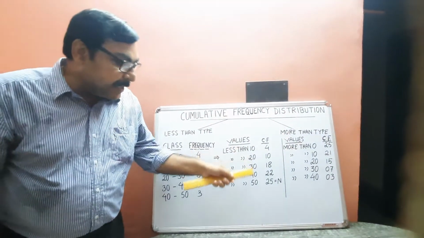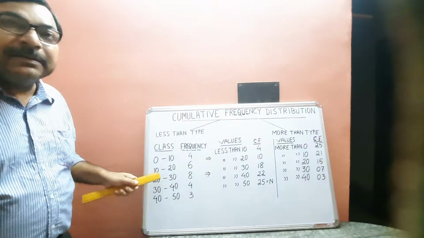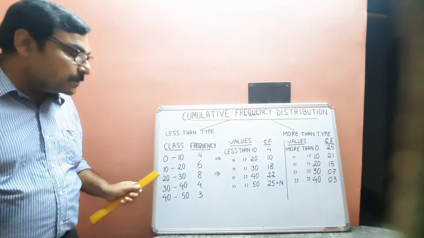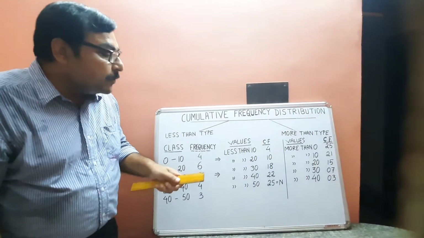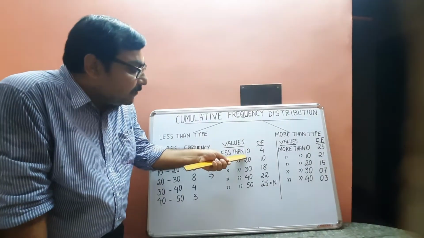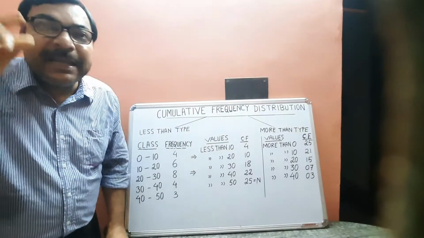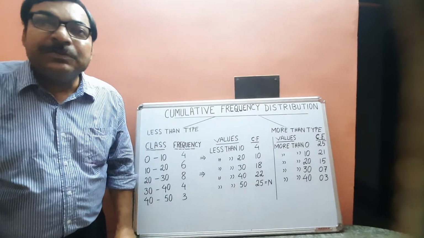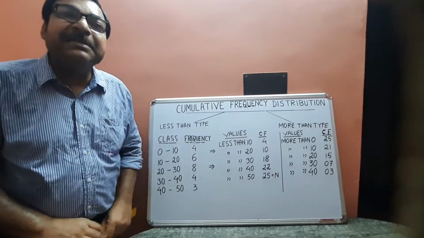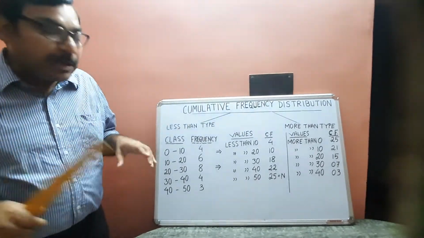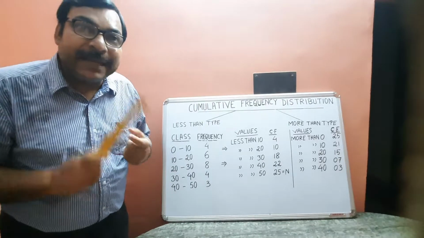If less than type frequency is given in this form and you are asked to calculate the simple frequency distribution, then first you will see what is the difference between the successive values: 10, 20, 30. 10 is the gap. So when you arrange them into classes, class size must be 10. This is clear. So you will arrange some classes whose size must be 10.